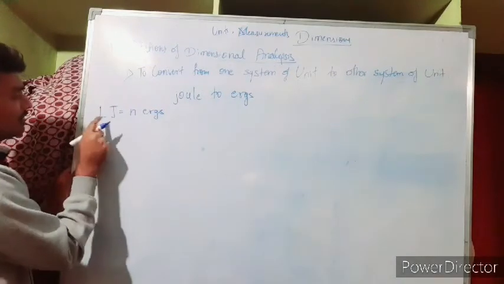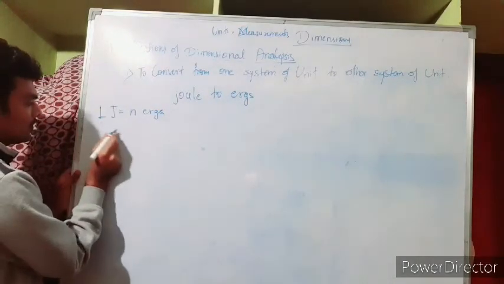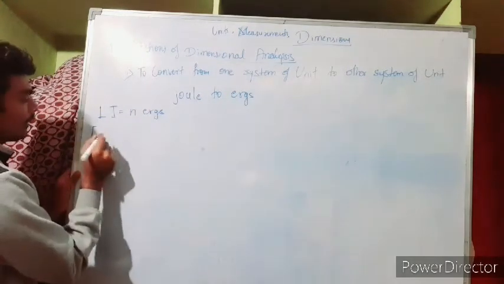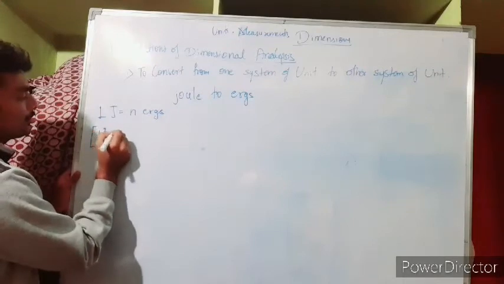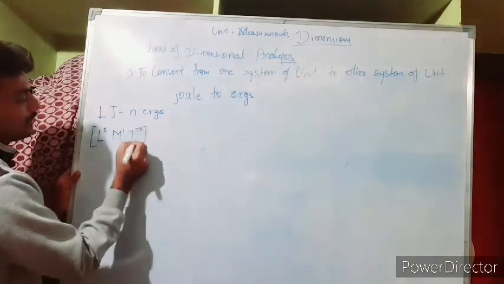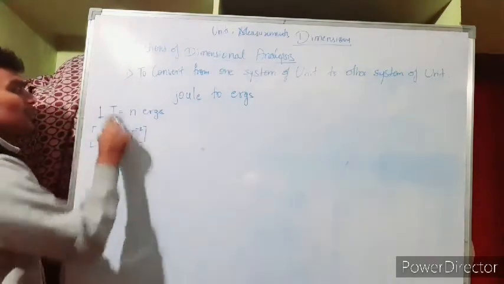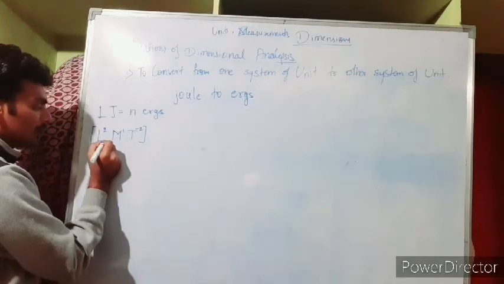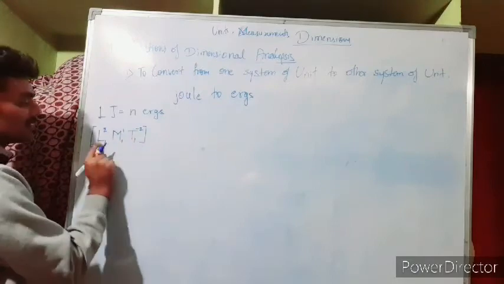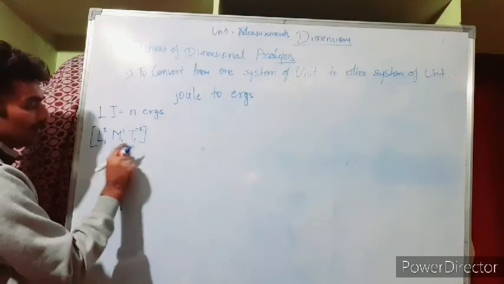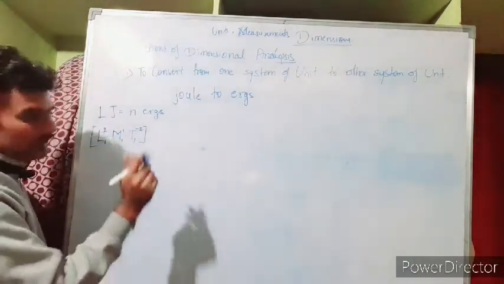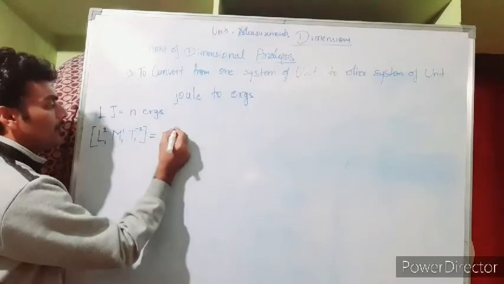The dimension of joule, we derived that, it is L2 M1 T minus 2. Since these dimensions belong to SI unit, I'll write L1 squared, M1, T1 to the minus 2. It is just representation. These values in the subscript will not have any numerical significance. It's only representation, is equal to n times.